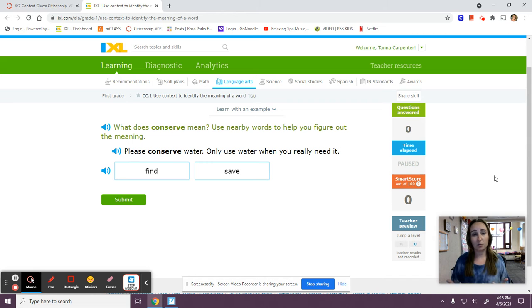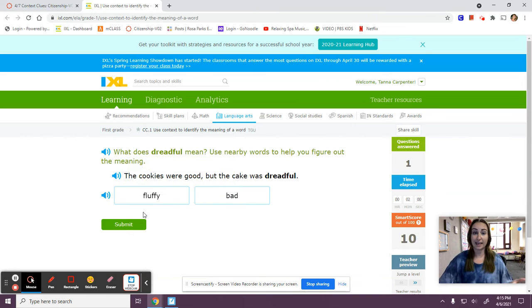Let's look at some of those other clues. Only use water when you really need it. So if I'm only using it when I really need it, it sounds like they are asking me to save my water. Conserve must mean to save.